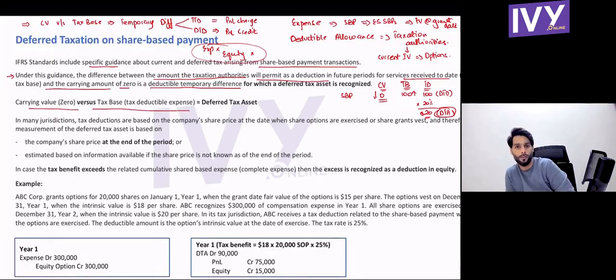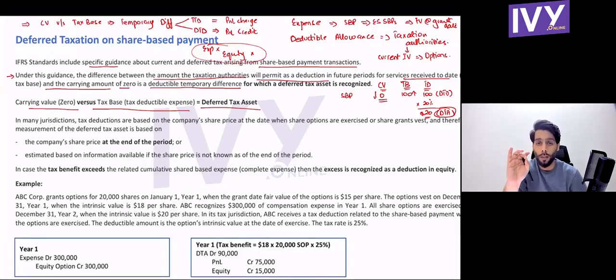Always the case. Now there are 2 points here to be understood. Number 1, in the case of deferred taxation on share-based payments, since the carrying value will always be 0, there will always be a deductible temporary difference, hence a deferred tax asset.